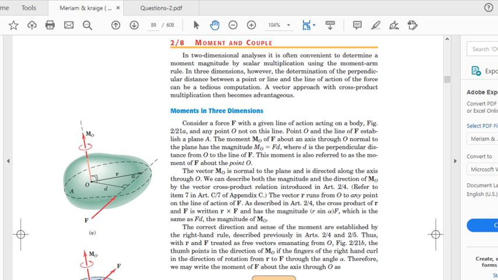So we will keep practicing this as we proceed with the following topics. So we start today with the next topic, which is on moment and couple.